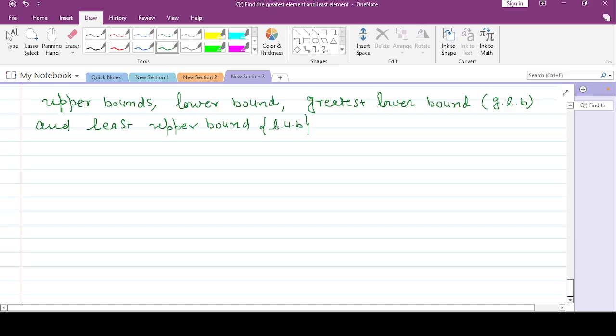Now we next want to find all these four types of elements.